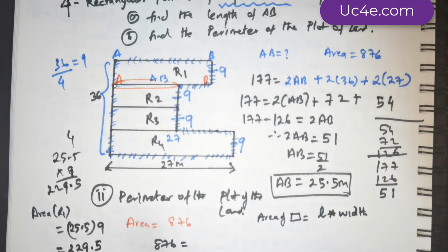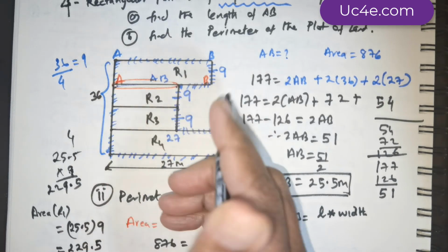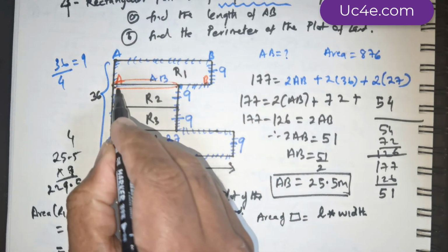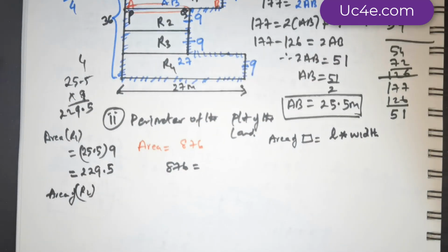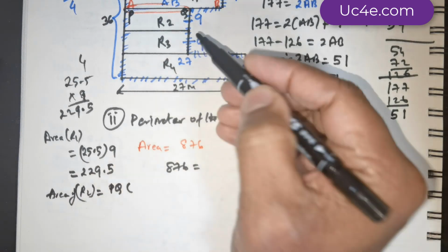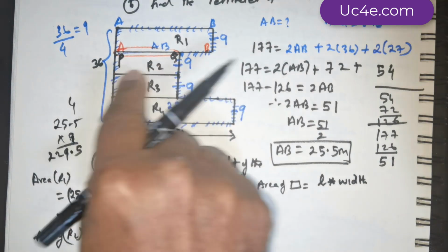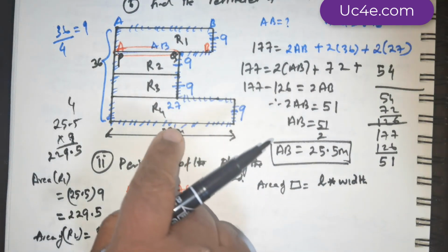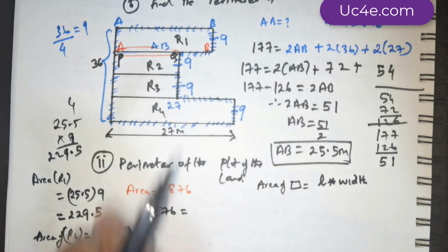Next I need to find the area of R2. Now I exactly do not know what this length is, right? I know this length, this is AB. Now if I were to take this length as some P and some Q, then that's going to be PQ multiplied with the width 9. So that is going to be this area. And similarly, this is going to be the second rectangle, the third one.